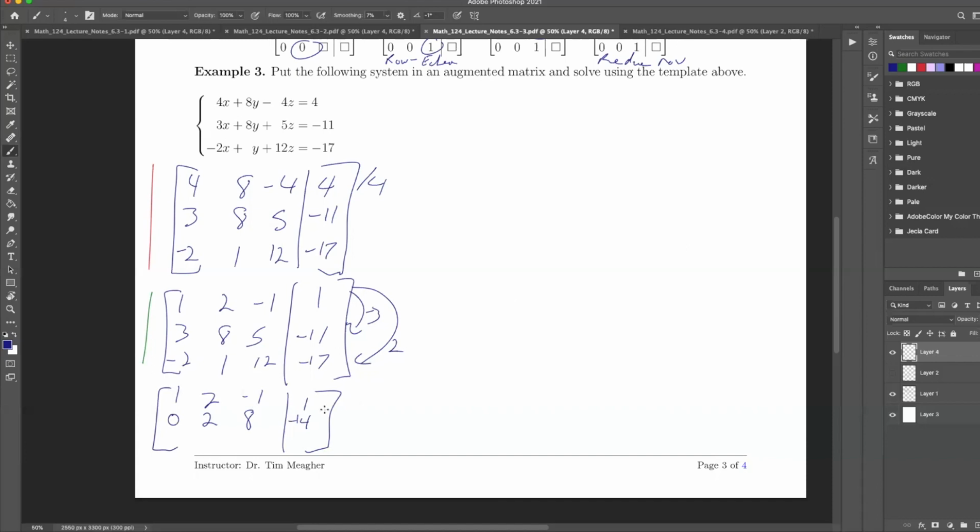Okay, so go ahead and try to do this next row. Try to do the bottom row without me real quick.